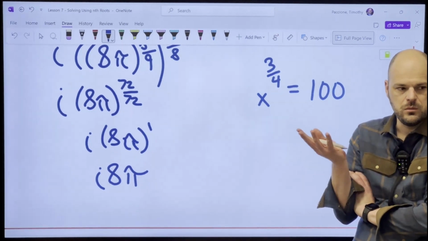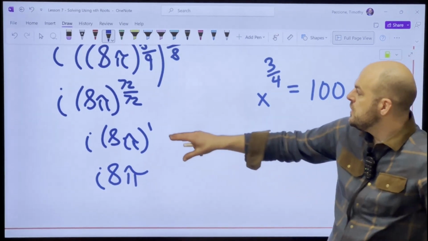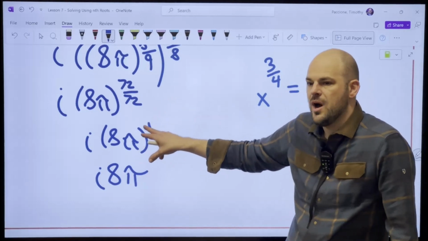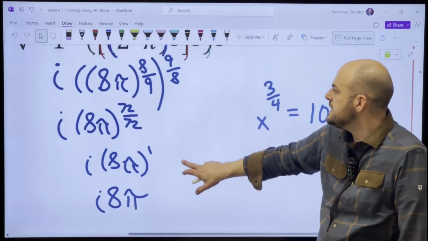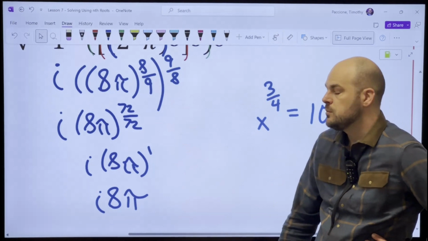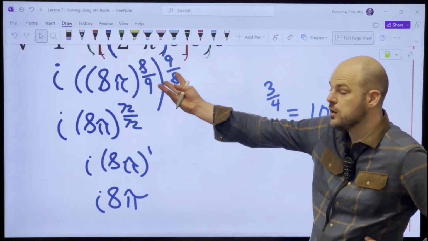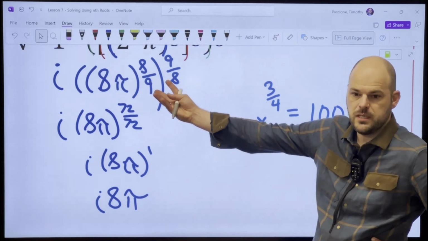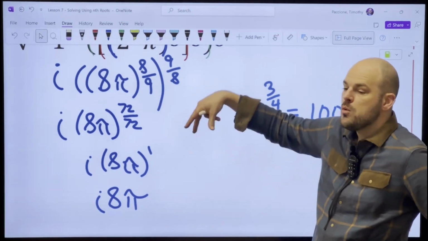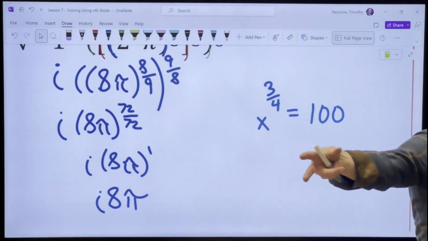Right? This all became something to the 1. How? What was the step that made it something to the 1? It was multiplying the fractions by their opposite, right?